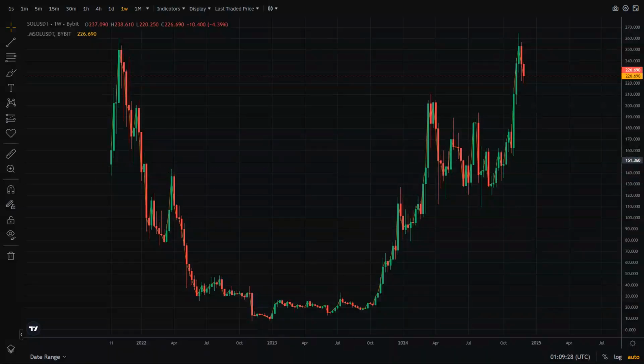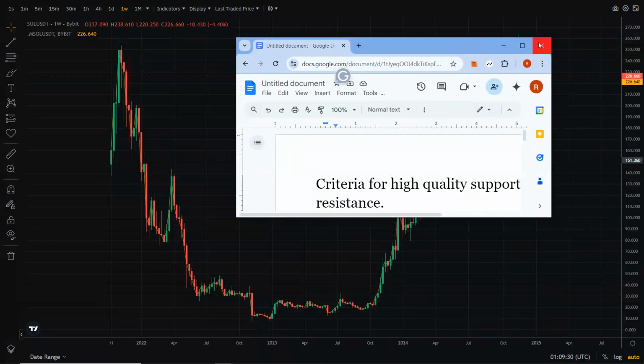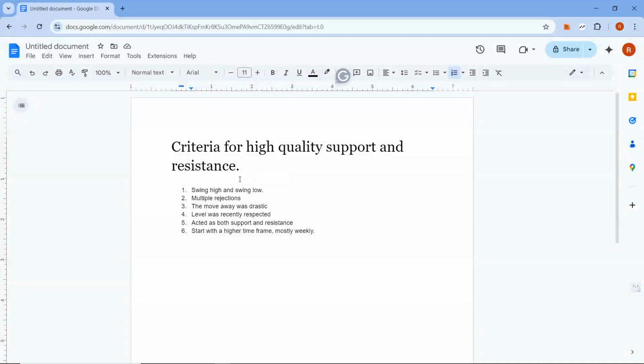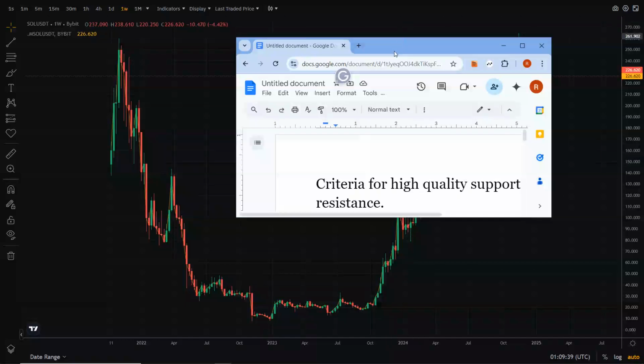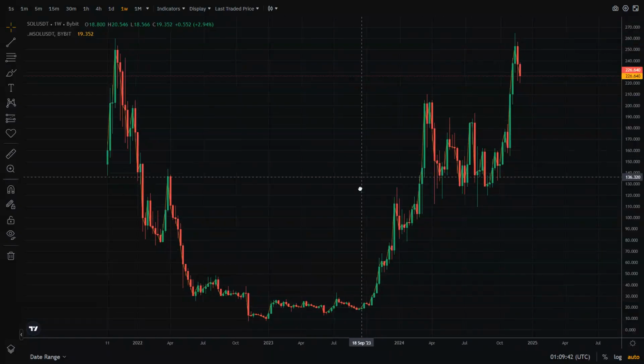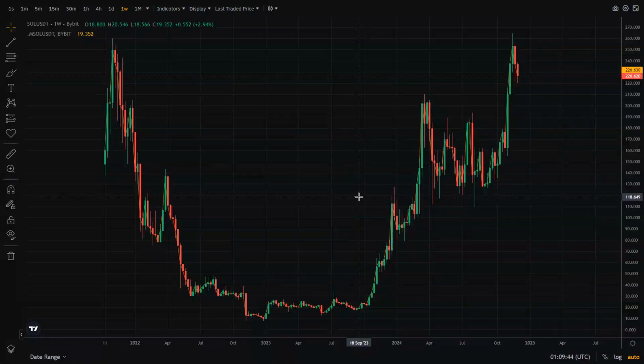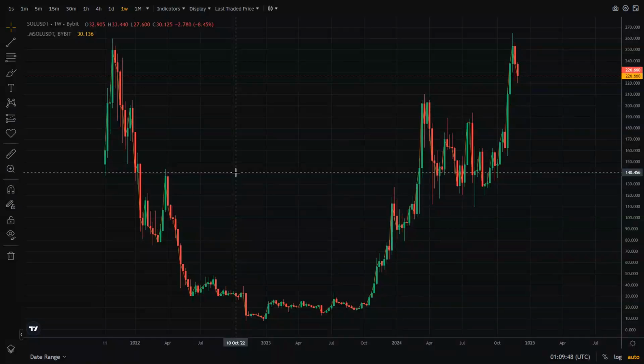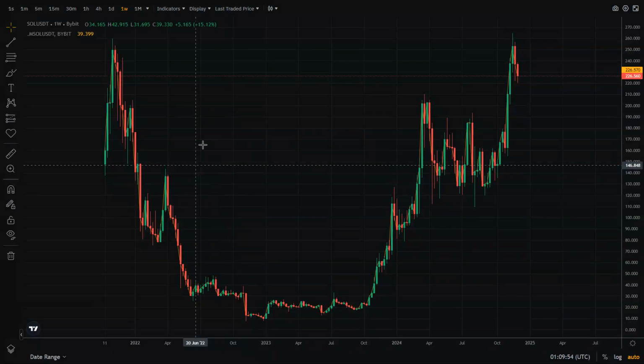Now the first thing is that you should recognize the swing high and the swing low. So the question is, what is a swing high level? A swing high level is the highest point that price reached before it begins to tank down. Taking a look at this, you can see that this is your swing high.